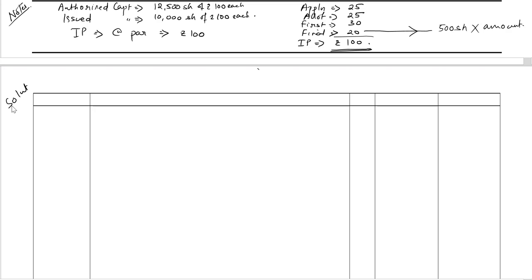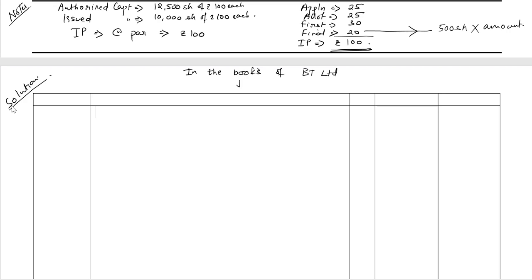Solution. In the books of BT Limited. Journal. We have date / serial number, particulars, LF number, debit rupees, and credit rupees.